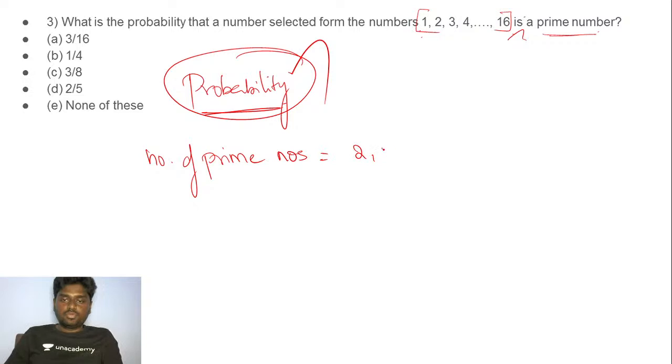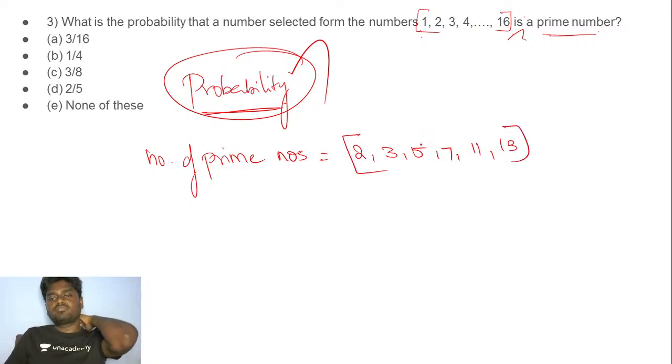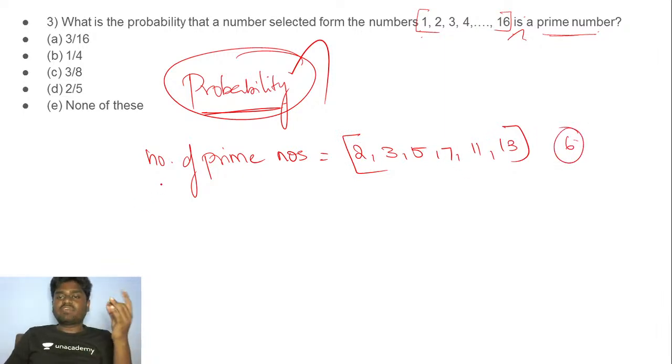So you have 2, 3, 5, 7, 11, 13. Right? So how many prime numbers you have? You have exactly 6 prime numbers. So out of 16 natural numbers given to you, you have 6 prime numbers.